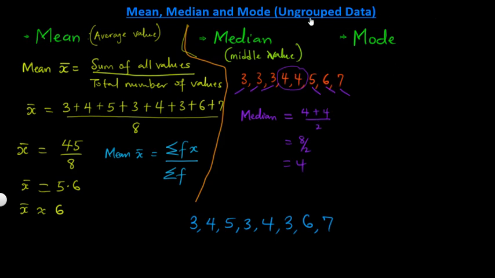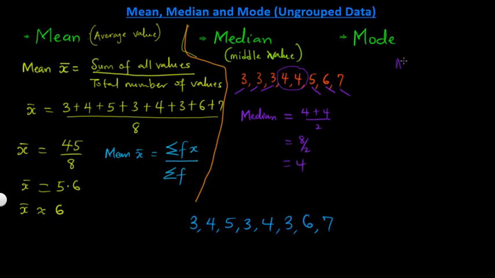And lastly, mode. Mode is the most occurring event or data or value in a given set of values. The most occurring score or the most occurring number in a given set of data. So here, the number that occurs most is 3.